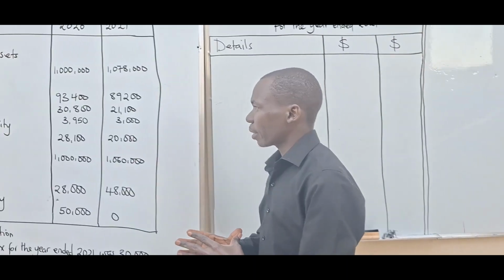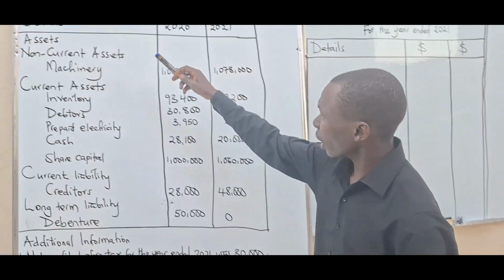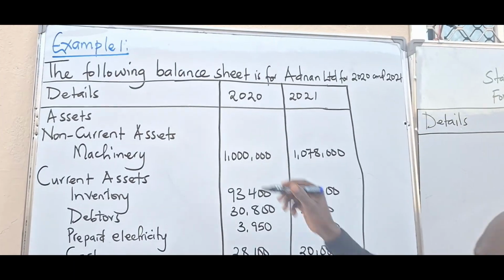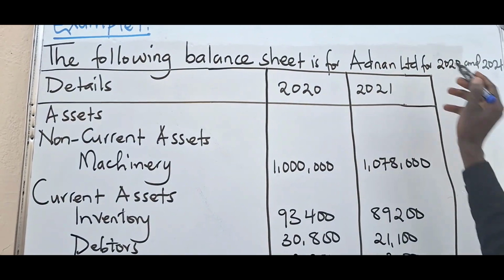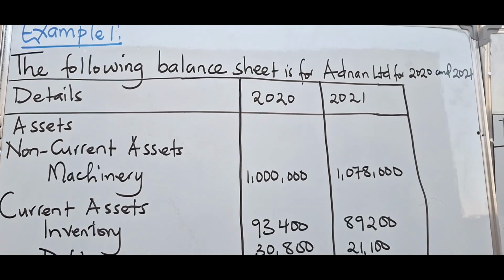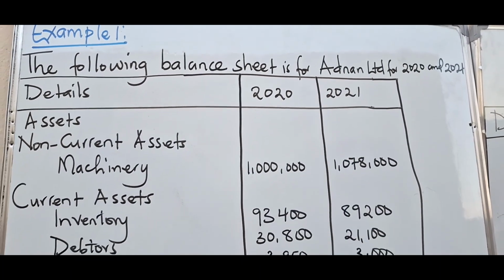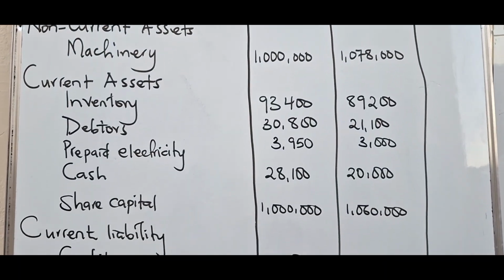When we take an example here, we are saying the following balance sheet for Edinand. In other words, as I told you last time, they are going to give you information from balance sheet, they will give you information from income statement, then thereafter they ask you to prepare statement of cash flow.